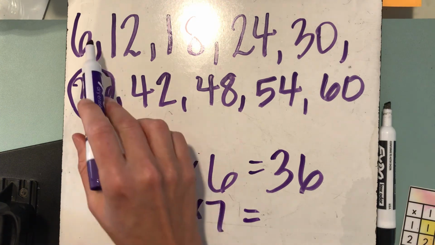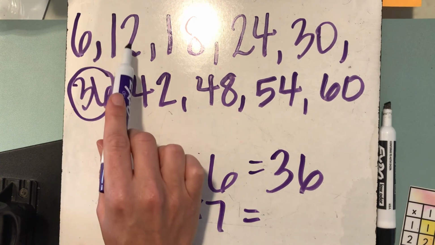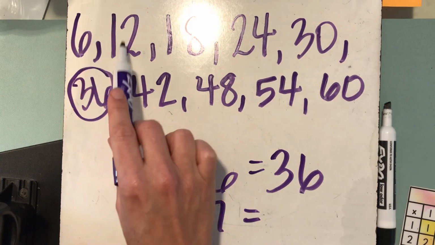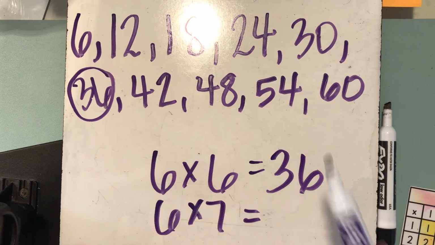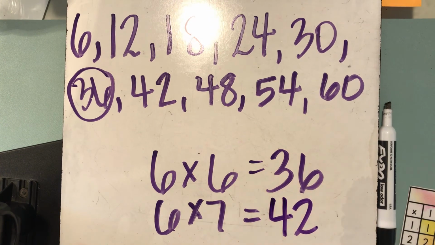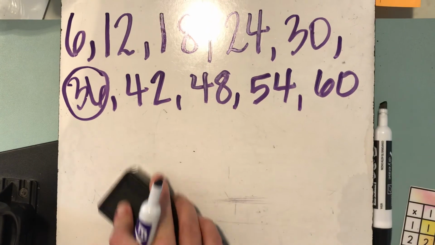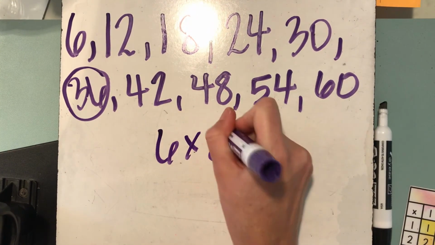Okay, I'm going to bunny hop and figure out how many times I went. 7 times, ready? 6, 1, 2, 3, 4. Oops, sorry. 1, 2, 3, 4, 5, 6, 7. So I know 6 times 7 is 42. Okay, let me erase those ones. We got 2 more. What is 6 times 8?